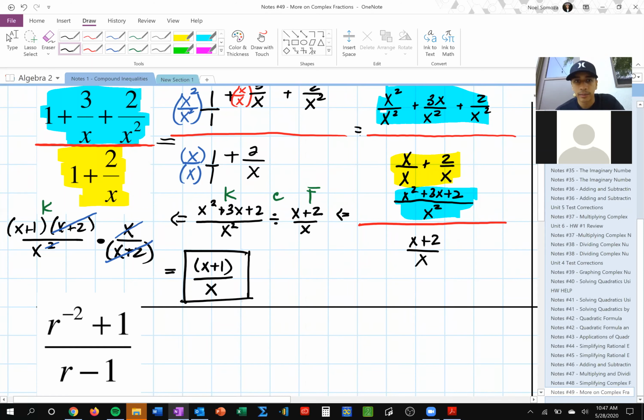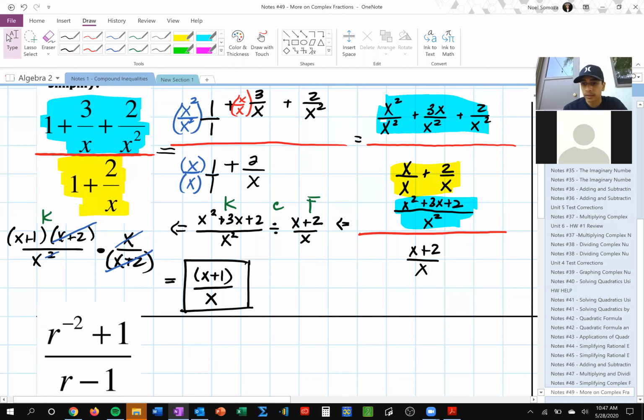So definitely more complex, a lot more moving pieces, more variables, a little bit of factoring this time. But the concept is still the same. You start attacking the problem by looking only at the big numerator. All of the fractions that are in the numerator, you try to combine those fractions.